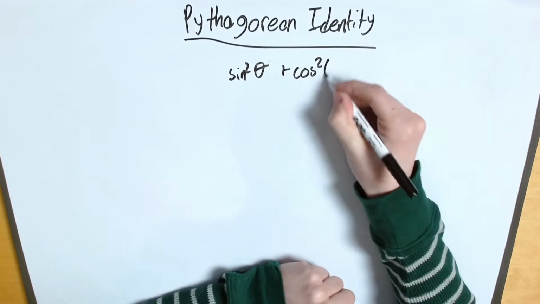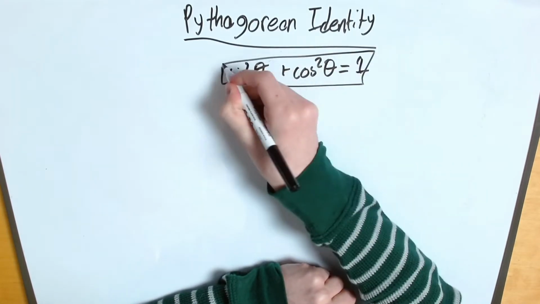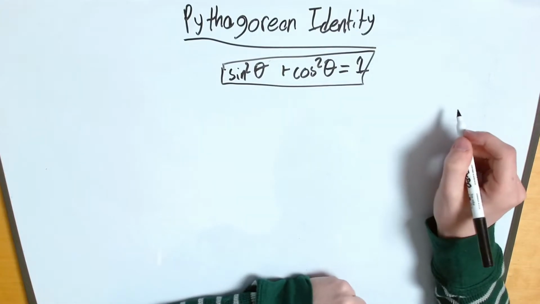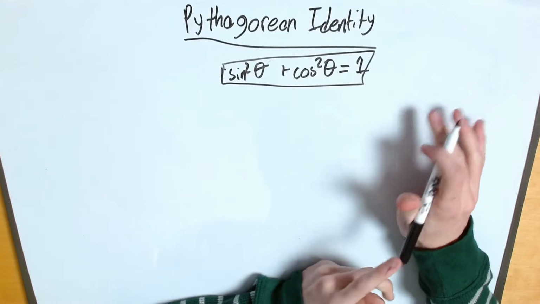Using this identity, I can easily find a different type of identity, and that seems vague. Let me try to make it a little clearer.